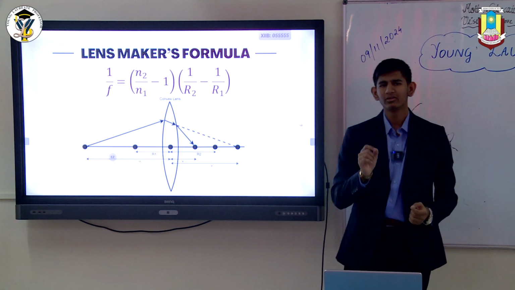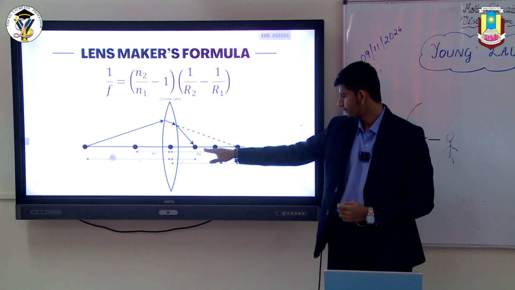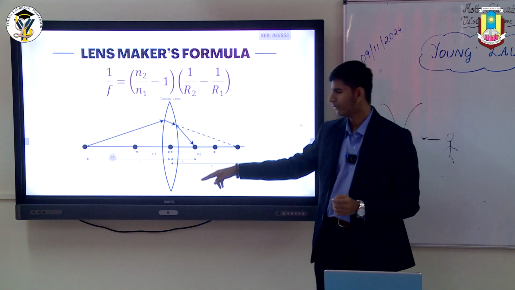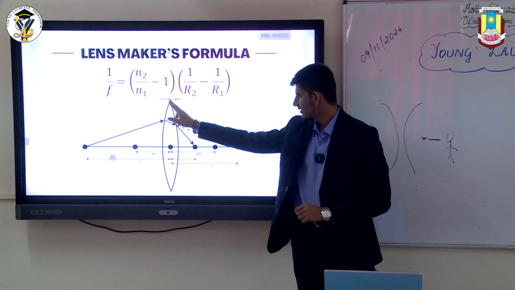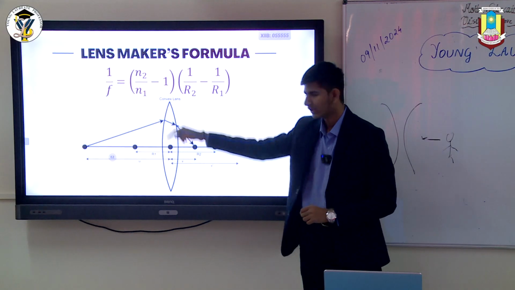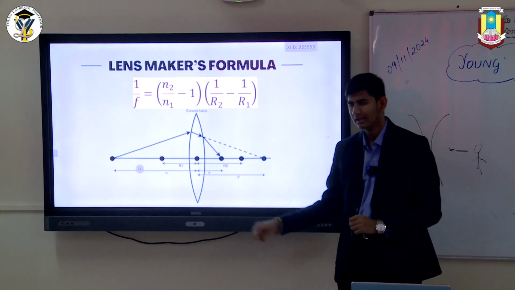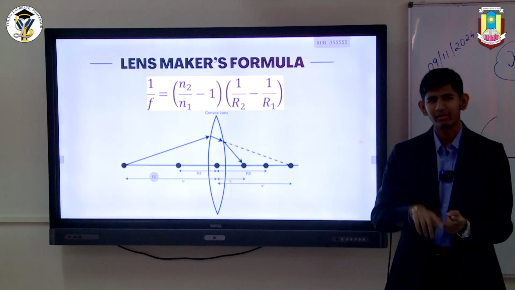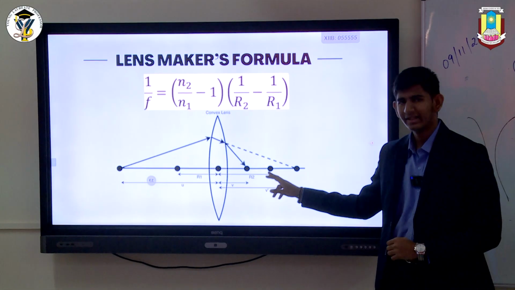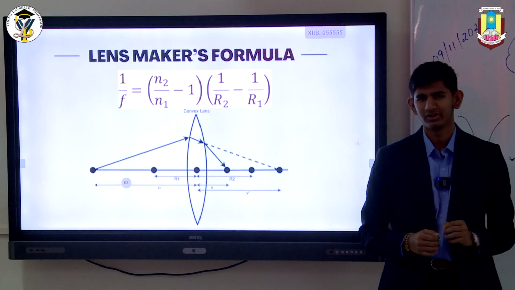r2 is the radius of curvature, that is the distance between the optical center and the center of curvature of the face of the lens. For example, let's consider this first face. If I extend it into a circle, we find the center of curvature of that sphere, and the distance between that center and the optical center is known as the radius of curvature.